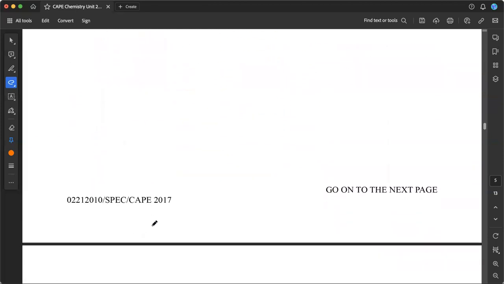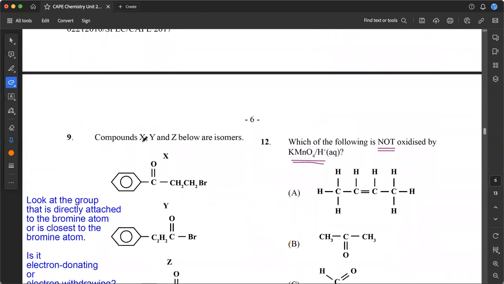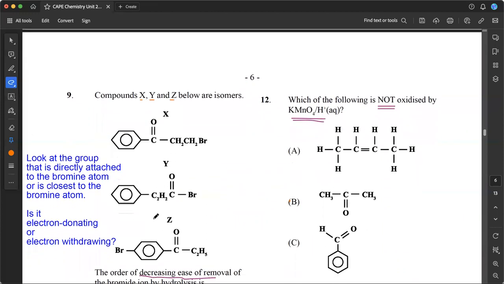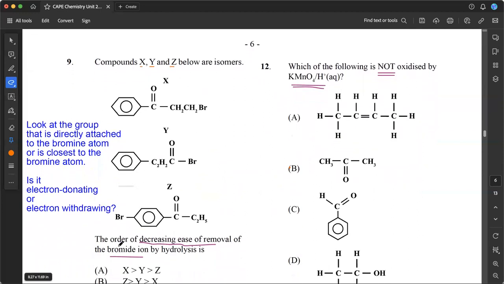So moving along now to question 9. Question 9 says compounds X, Y, and Z below are isomers, right? These are all isomers. So they're asking us for the order of decreasing ease of removal of the bromide ion by hydrolysis.